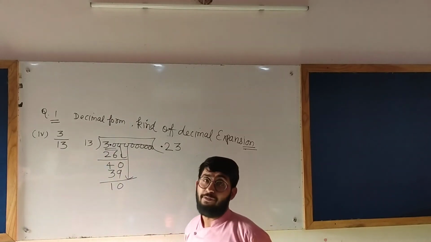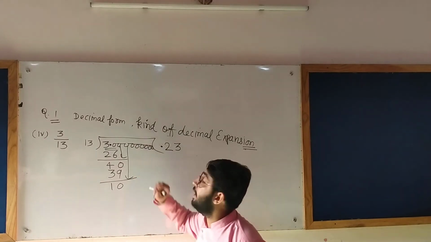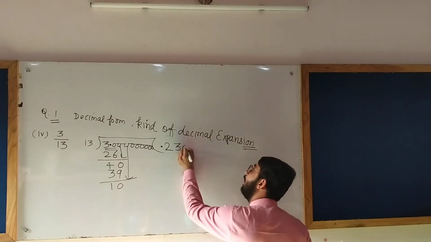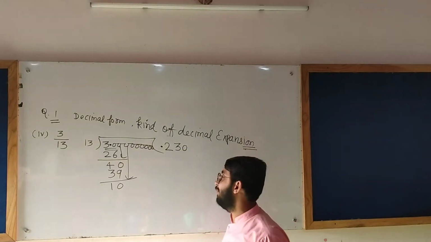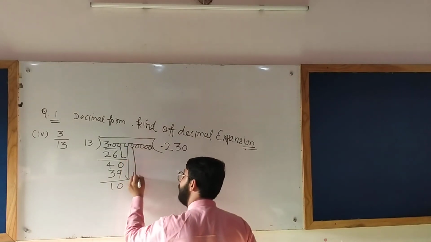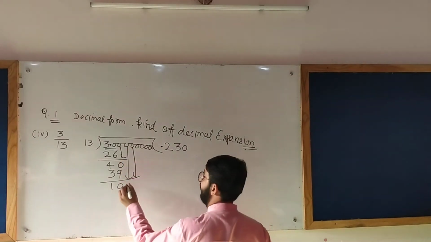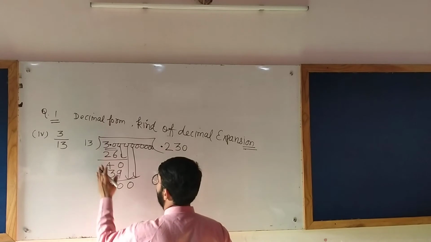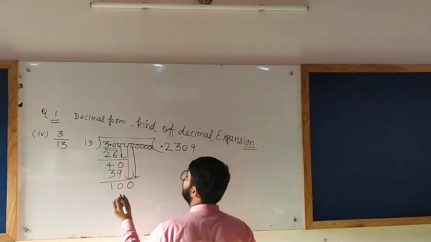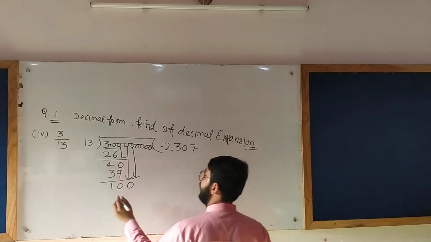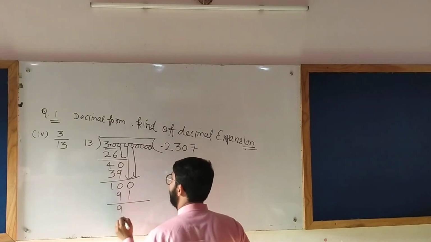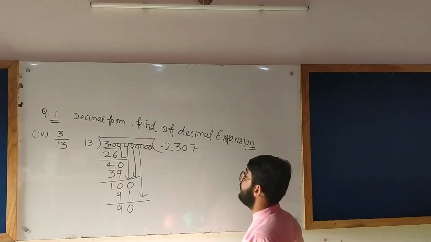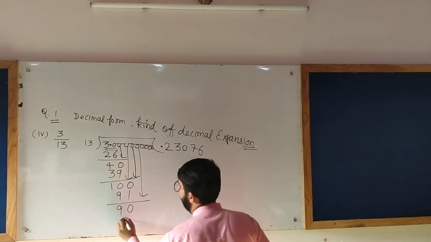So I will have to take 1 more 0 from the dividend, and for that I will have to add 1 more 0 in the quotient. Now you have permission to take 1 more 0 from the dividend to the remainder for proceeding further. In the table of 13, 100 doesn't come, but 13 7s are 91. The remainder is 9. Take 1 0. 13 6s are 78.